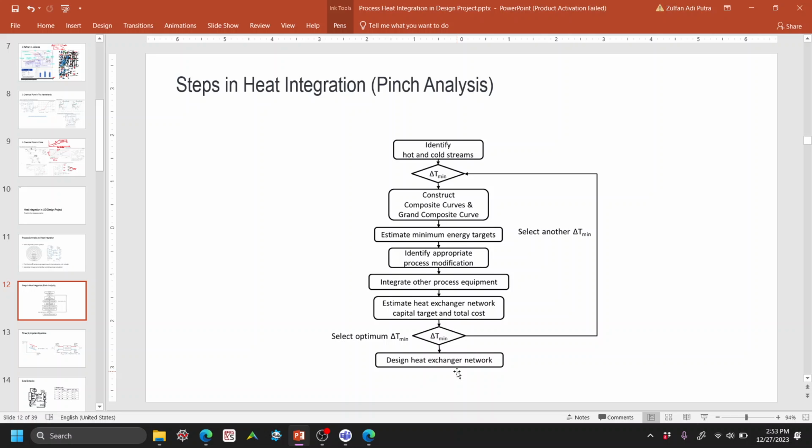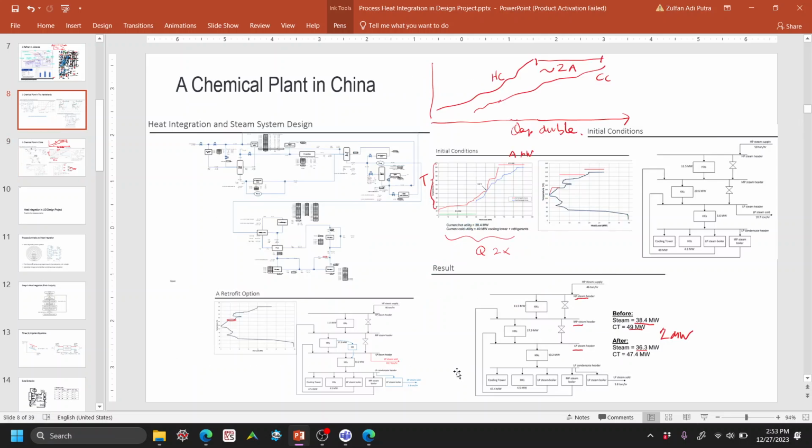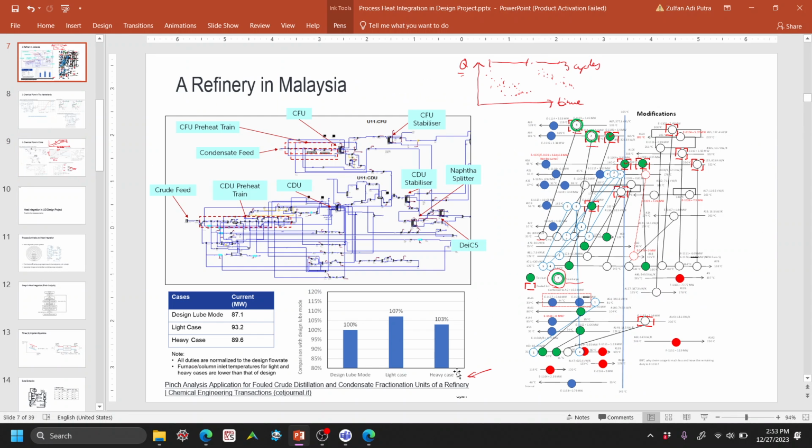It's just a matter of how accurate the cost estimation is, and how rigorous you want to do this, because in a project you have a timeline. Say for example, in our refinery example, we only select one delta T at a time, because we have existing plants.